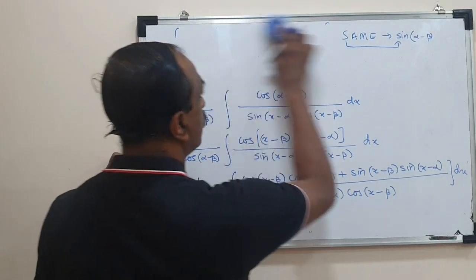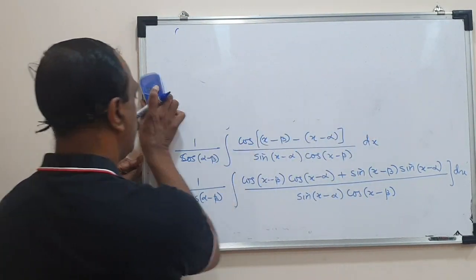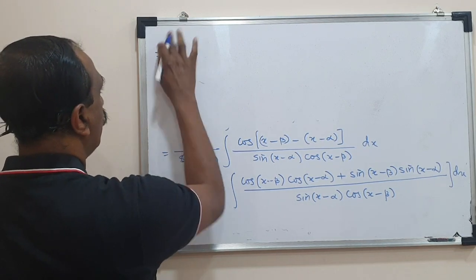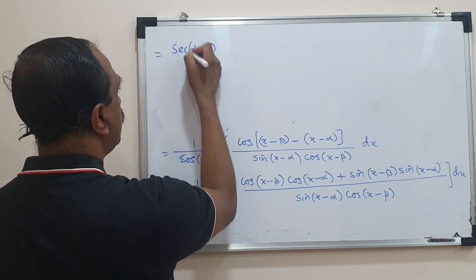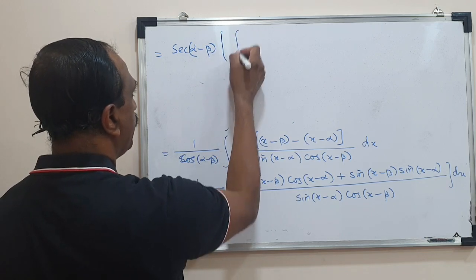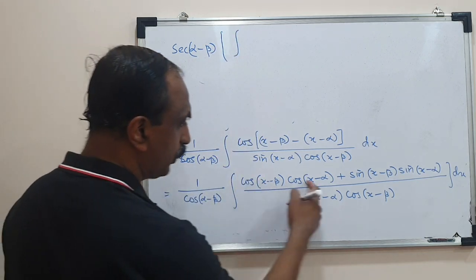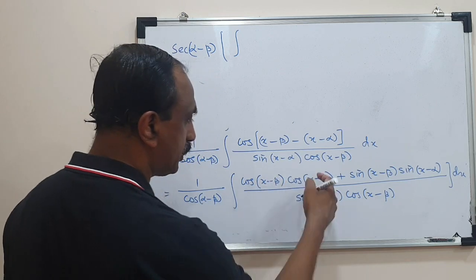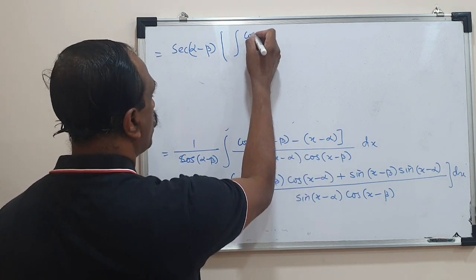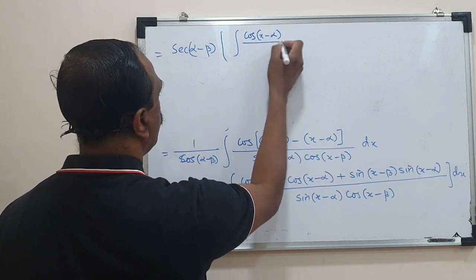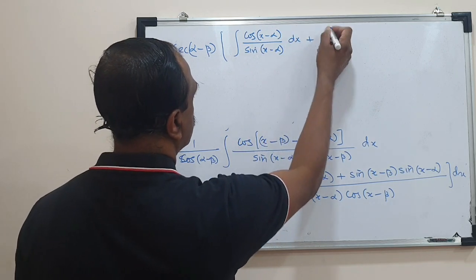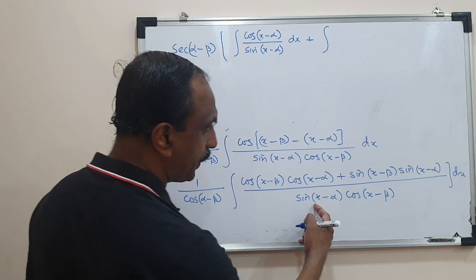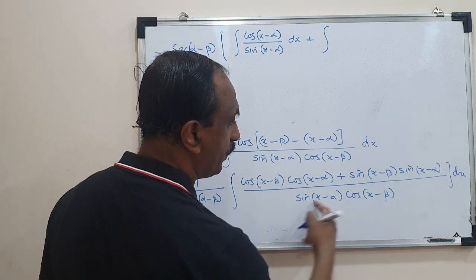So let's separate and see what the answer is. This became 1 upon cos, which is sec of alpha minus beta, into integral of, when you separate it, they both will get cancelled. So this will be remaining cos of x minus alpha upon sine of x minus alpha, plus, here when you separate, sine x minus alpha will get cancelled.